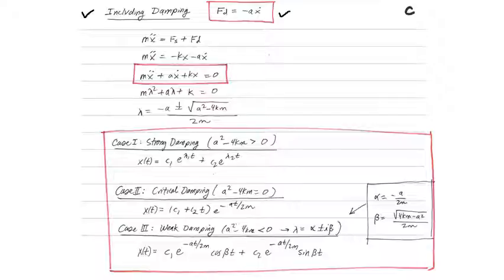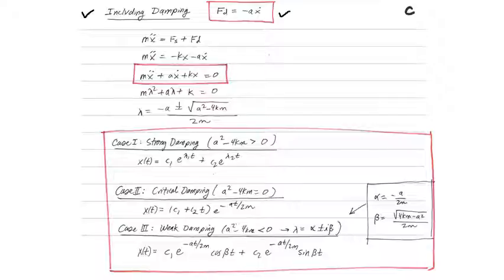So if the velocity is going in the positive x direction, a is a positive constant, that would produce a damping force in the negative direction opposite to the velocity. And similarly, if the velocity is negative, the damping force will be positive, tending to oppose whatever the velocity is, whichever way the object is moving.